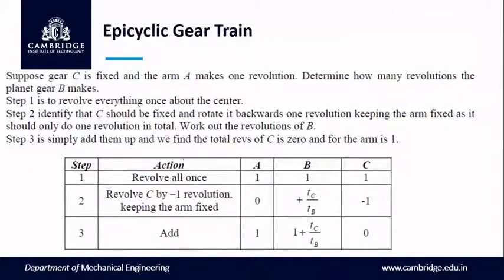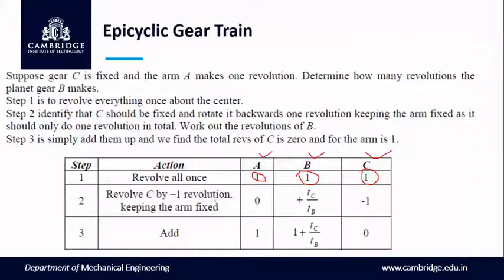In step 1, we assume we revolve all gears once about their centers. We have arm A, planetary gear B, and sun gear C. So we assume everything rotates once: 1, 1, 1. Then we identify that C should be fixed, and rotate it backwards one revolution, keeping the arm fixed.